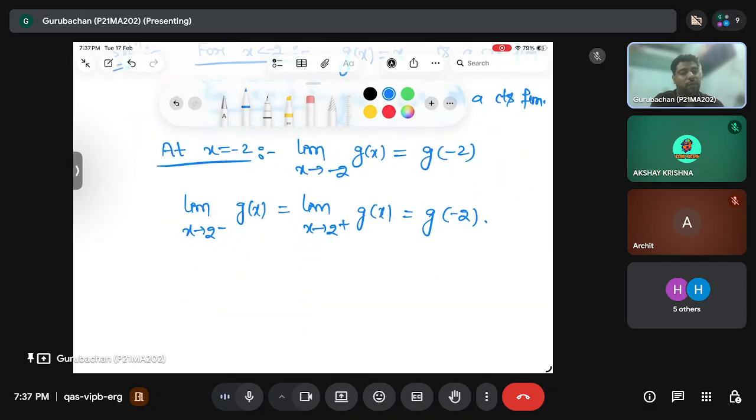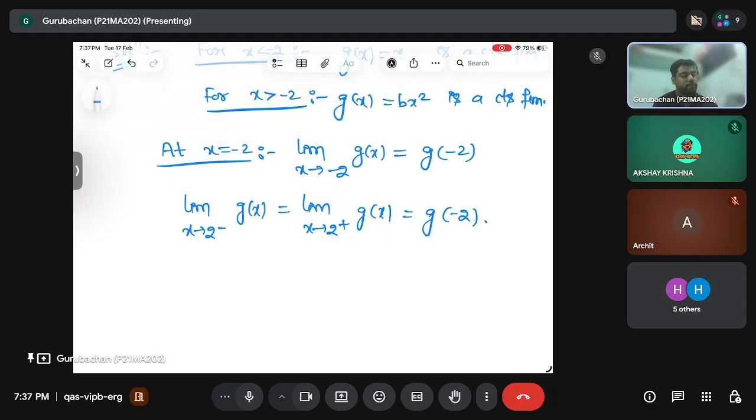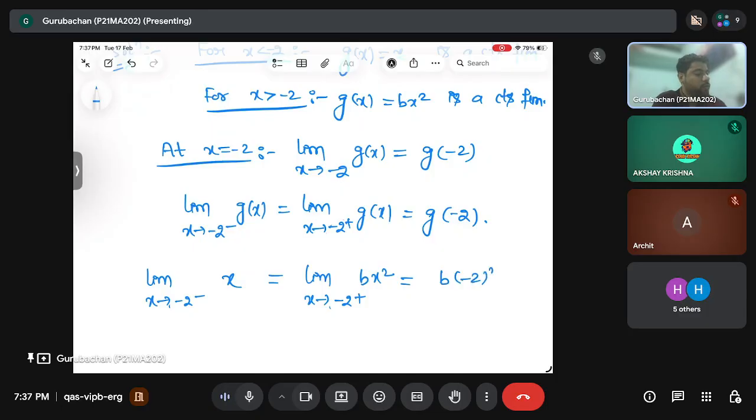Now what will be the left hand limit? Limit x tends to minus 2 minus, it will be applying over x. Limit x tends to minus 2 plus, it will be applied over b x square. So this will be minus 2 minus, minus 2 plus, and this is b times minus 2 whole square.